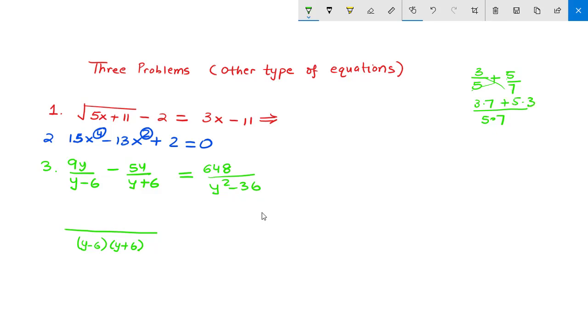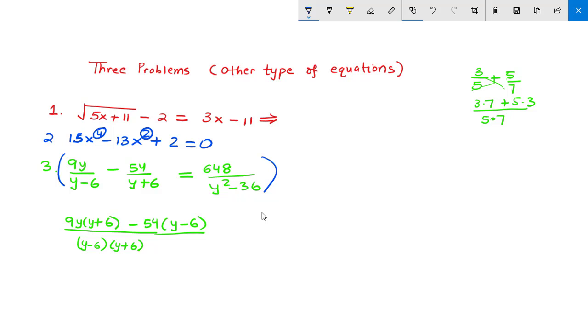Same thing here. Those are completely different factors. Neither of these is a multiple of the other. So I'm going to multiply 9y times y plus 6 minus 54, I believe, times y minus 6. Now, on MyLab, I believe they are doing it a different way. You may like that one. They multiply both sides by y squared minus 36, and then they cancel some of the things, which is fine too.